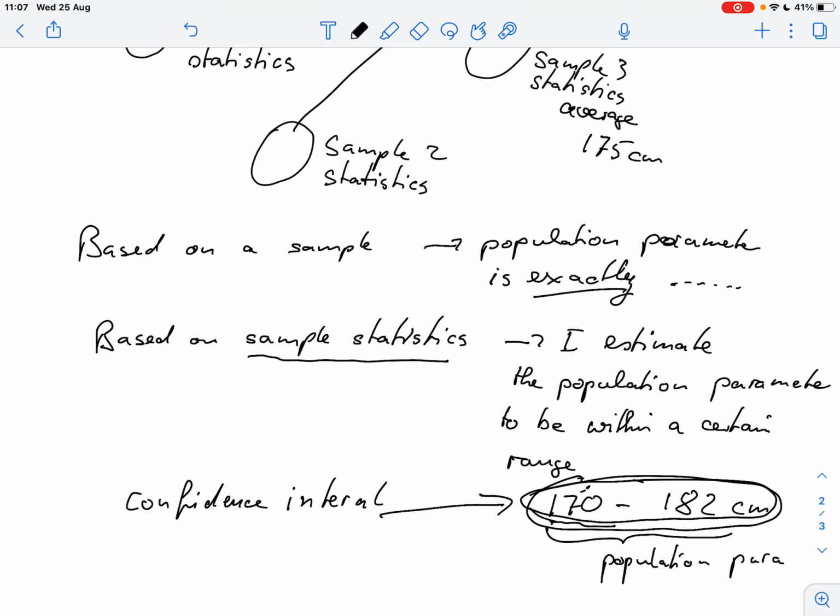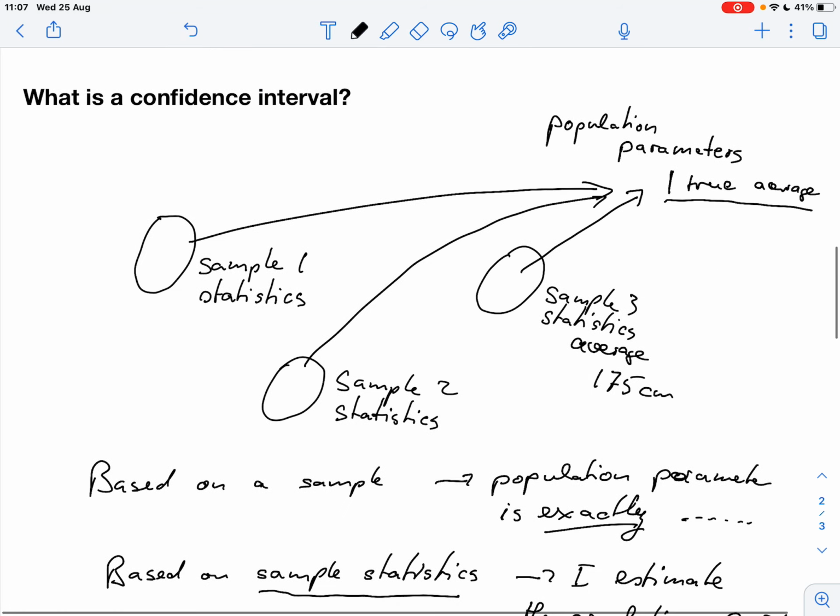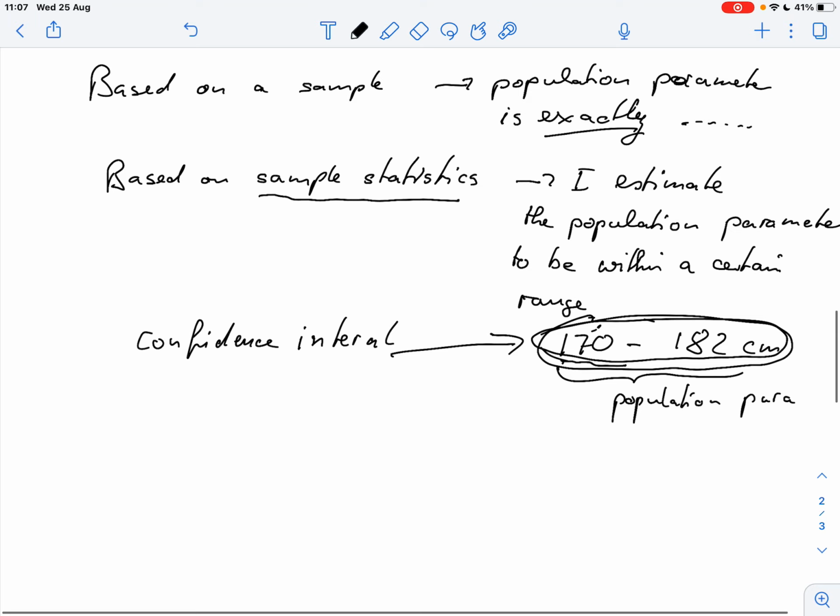I do not say it is exactly 176.357 centimeters. I just simply say I believe that the population parameter height of female students is in this range, within this confidence interval. So that is really the concept of a confidence interval.